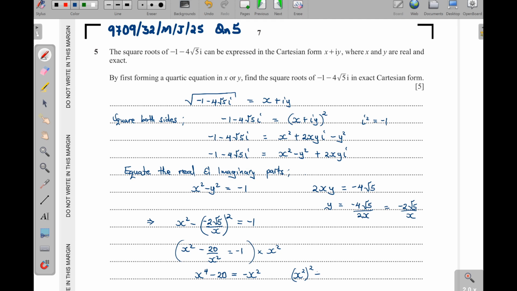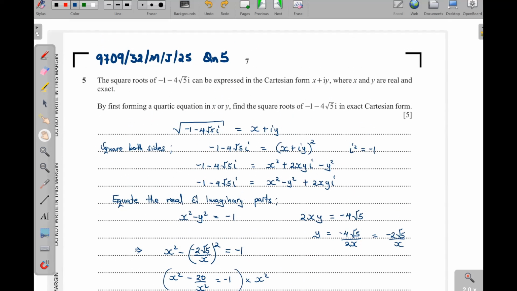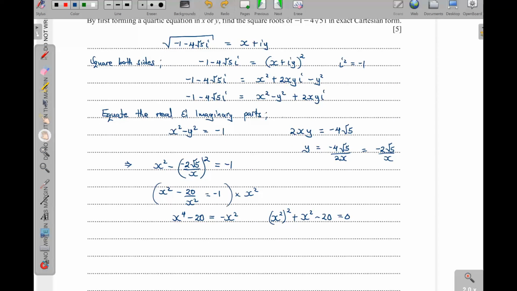You see? So because this one is x power 4, that is a quadratic equation in x squared.